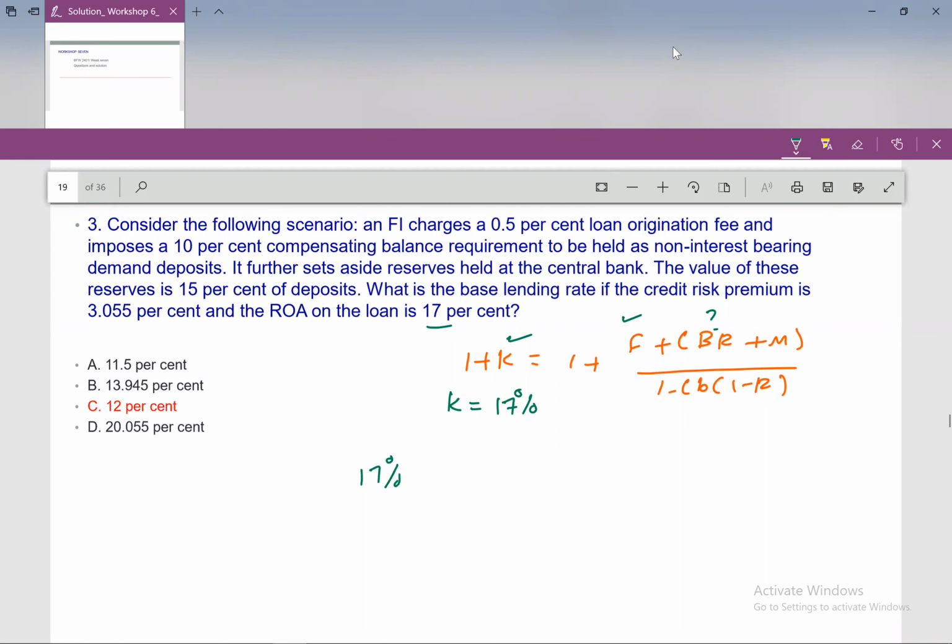And then this is the basic rate plus M, which is actually 3%, and then you can calculate this to be 1 minus how much? I think this is 15.